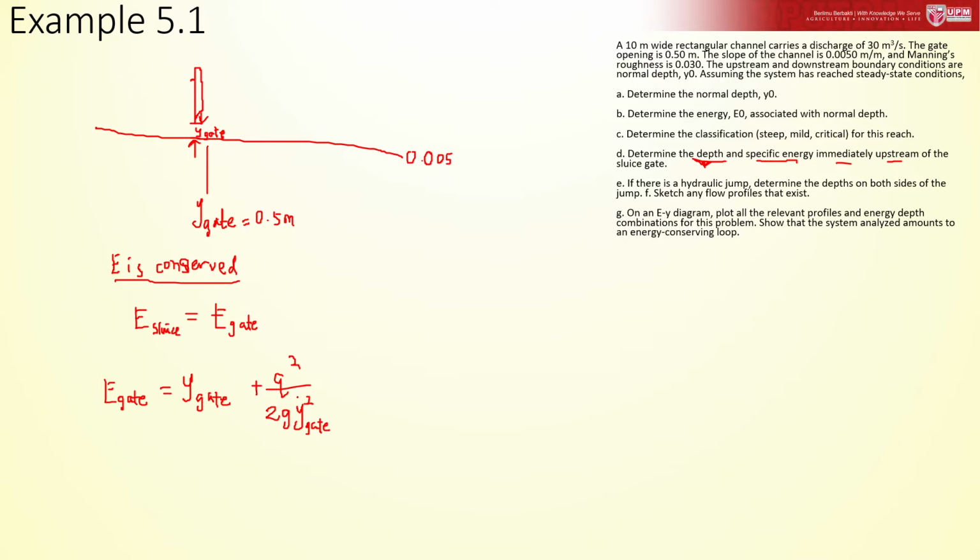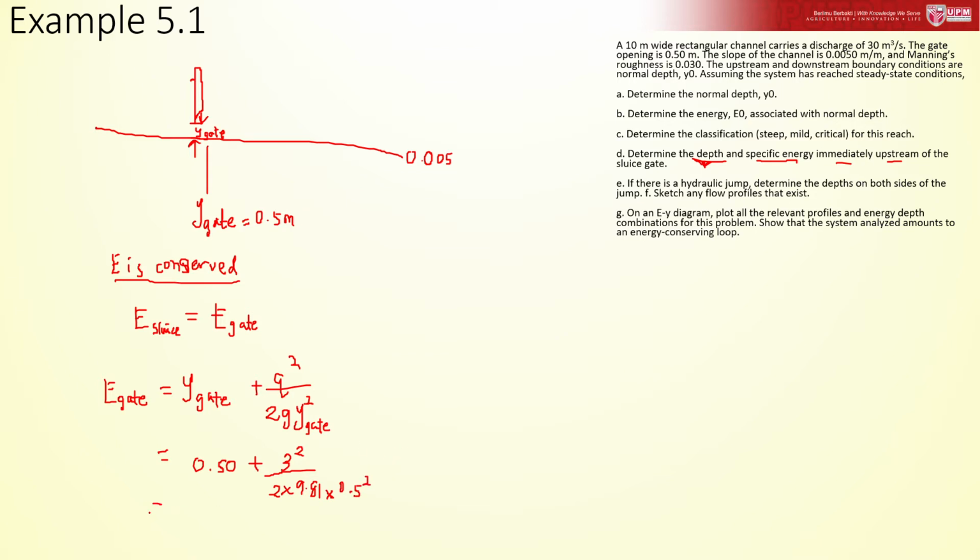Okay, so we have all the information, so we can find the values. 0.5 plus 3 to the power of 2 divided by 2 times 9.81 times 0.5 to the power of 2.